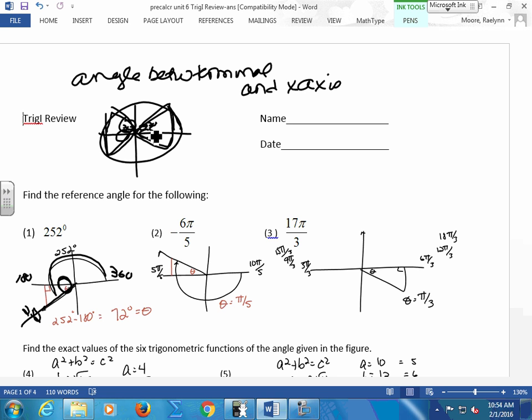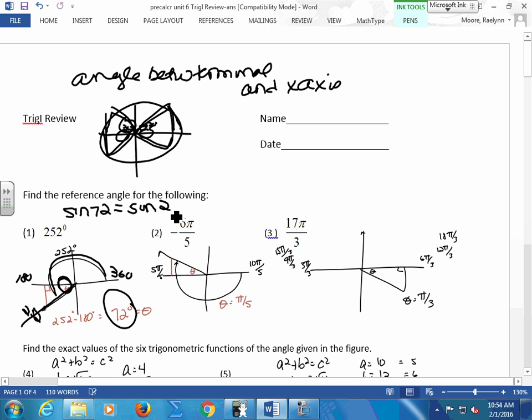angle. That means 72 has the same sine and cosine as 252, except that in 252 there is a negative sign. But the value has to be the same. The cosine of 72 has the same value as the cosine of 252, except in quadrant 3 my cosine will be negative.